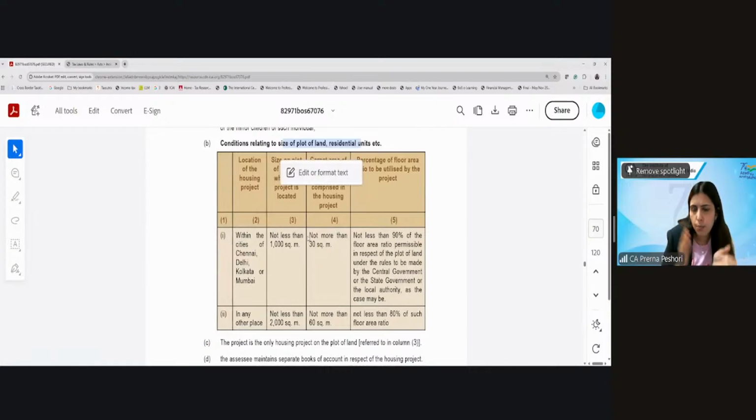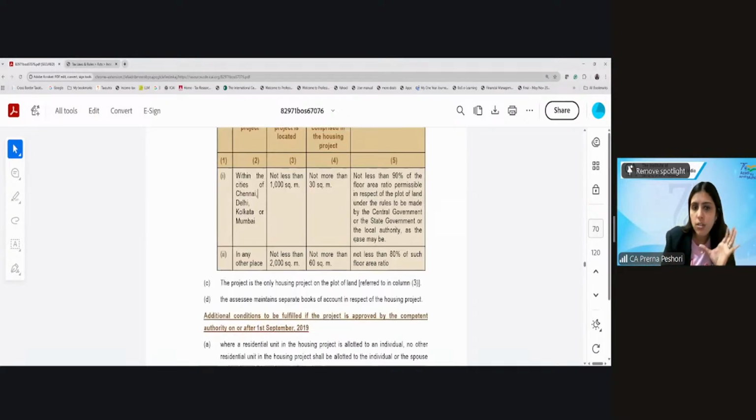If the project is located in the metro cities, then the size of the plot of land on which the project is located should not be less than 1,000 or 2,000 square meters. The carpet area of the residential unit should not be more than 30 square meters. There is also a condition on the floor area ratio to be utilized by the project.